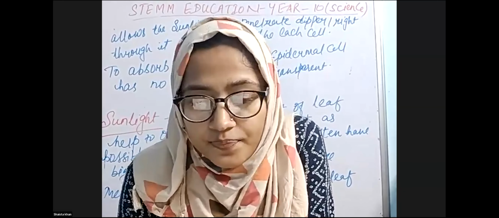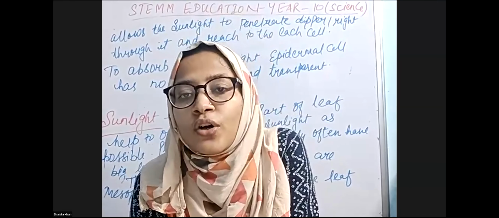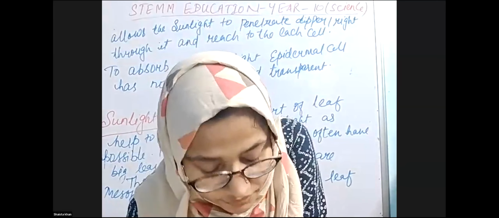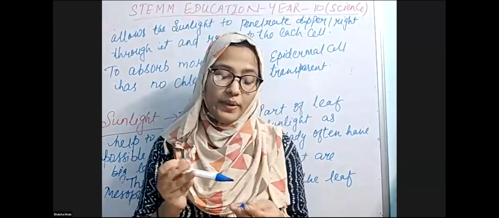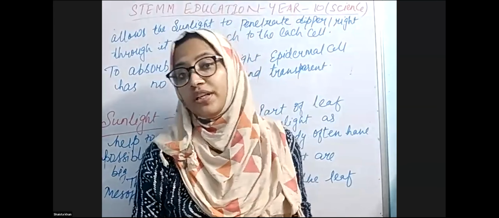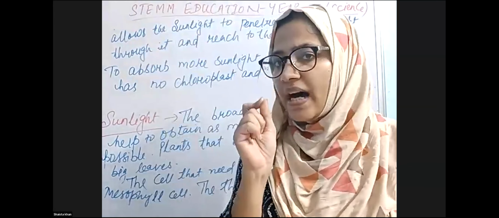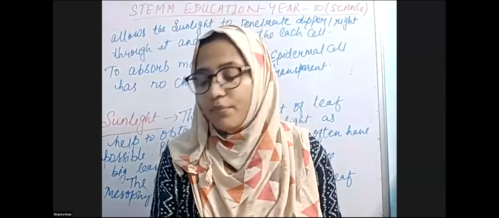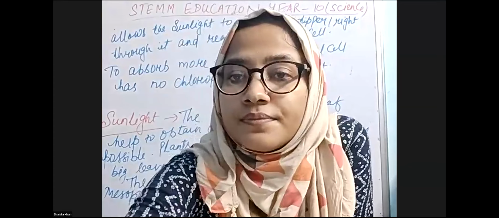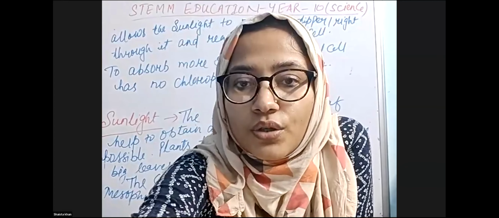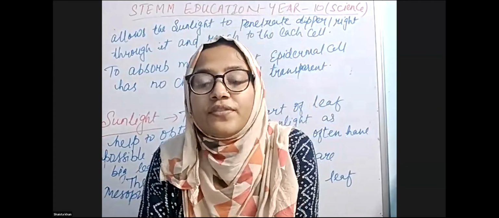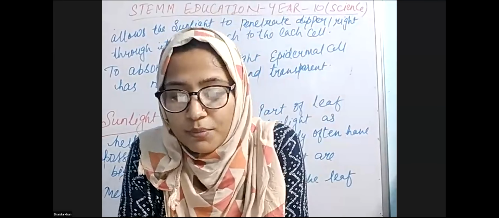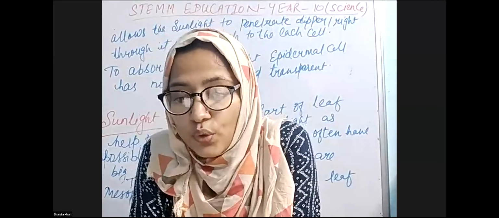I've already told you many times that the leaf stalk is the part where the leaf is connected to the stem. So the another name of the leaf stalk is petiole. You can write in your notebook. It's a petiole.